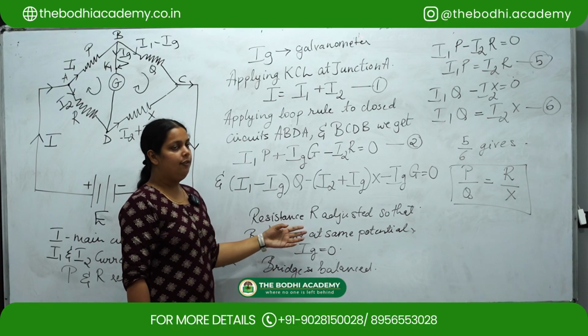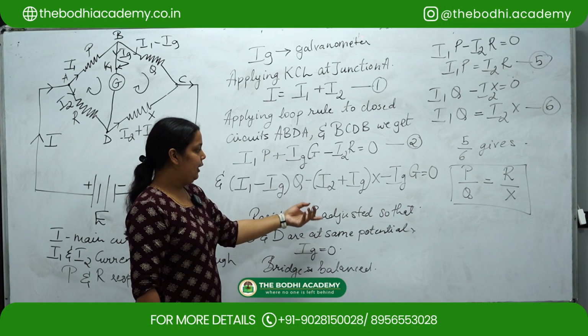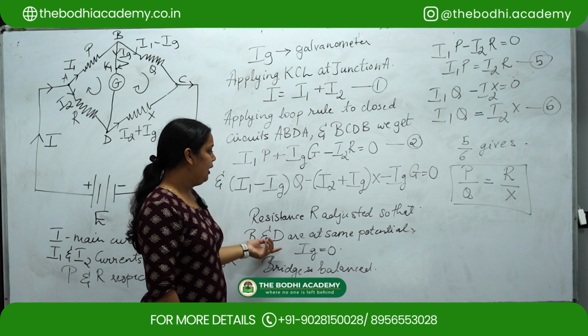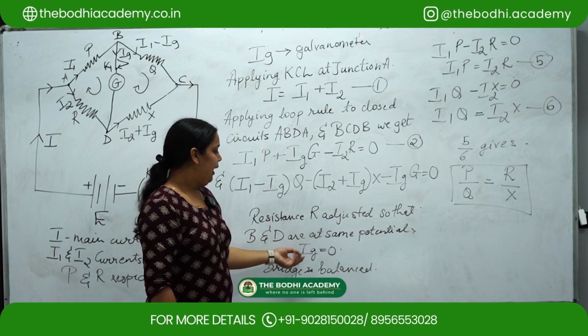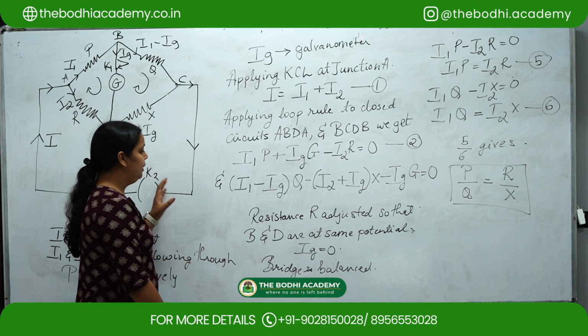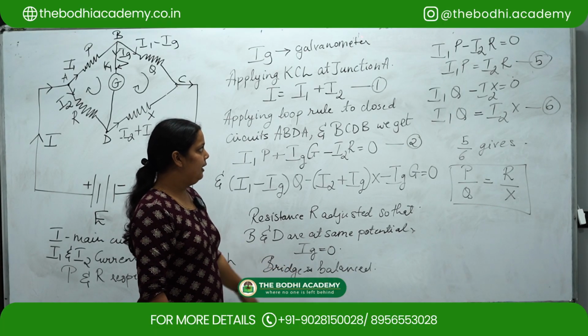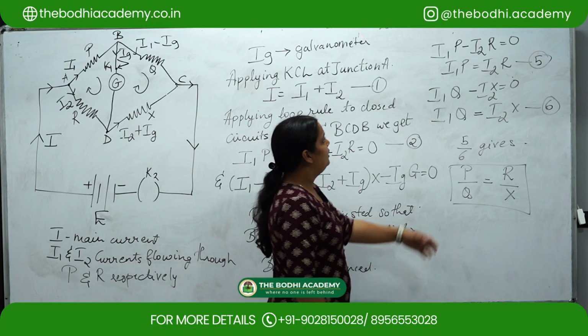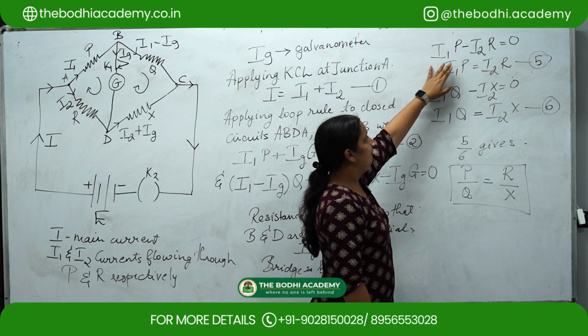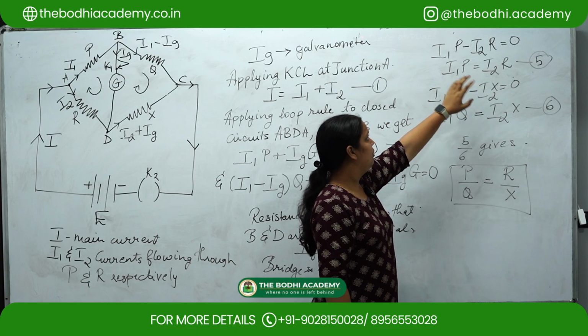So if the resistance R is adjusted such that B and D are at the same potential and the current flowing through the galvanometer is 0, that is Ig equal to 0, the bridge is balanced. So if the bridge is balanced, we will get I1P minus I2R equal to 0.